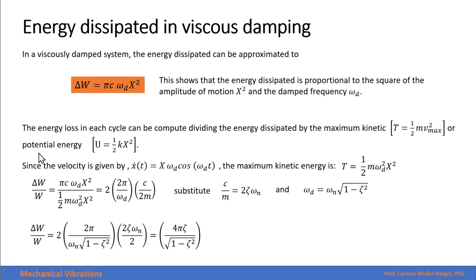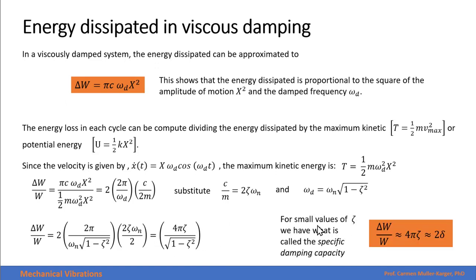We divide the energy loss by the maximum energy in a cycle, and then we have this expression right here. Introduce the substitution of C over M as 2 zeta omega n and the definition of damped frequency into our expression, and then we get that the energy loss per cycle has this expression.